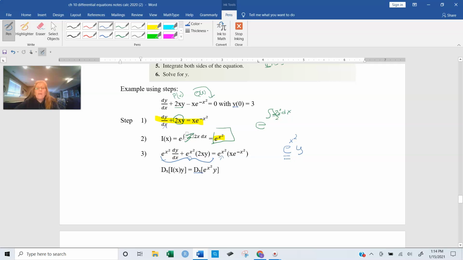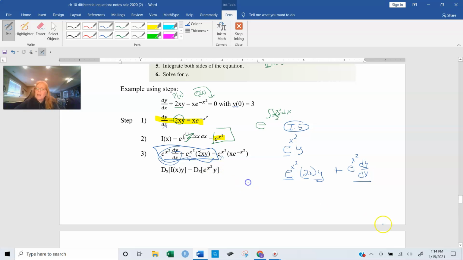The derivative of the e is itself times the derivative of the exponent, which is the 2x, times the y, plus the e to the x squared times the derivative of y, which is dy/dx. Does it work? E to the x squared dy/dx is here. E to the x squared 2xy is here. We have done our work correctly. This is the derivative of the integrating factor times y.